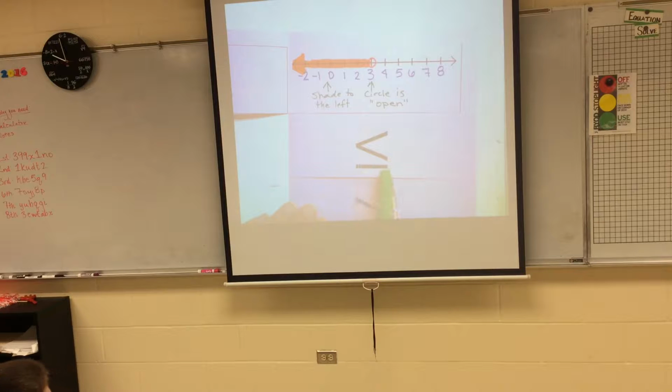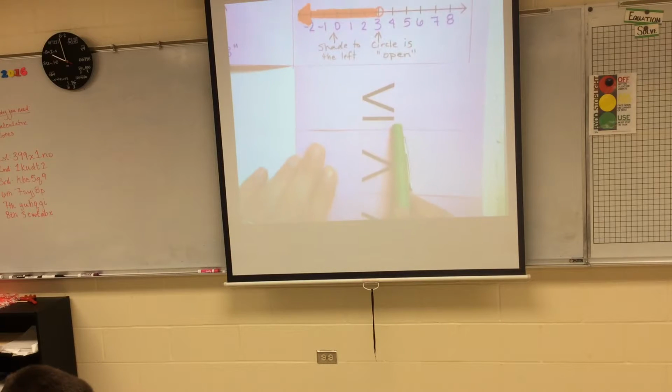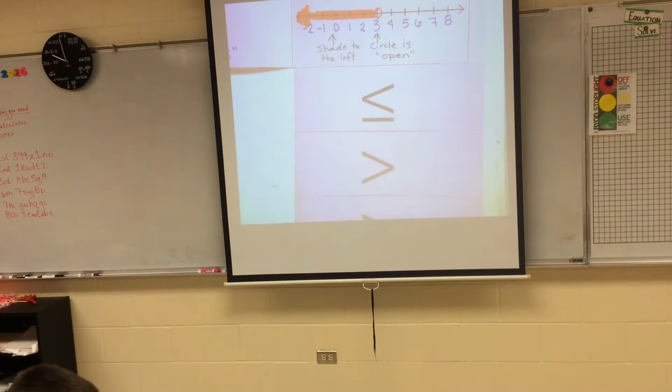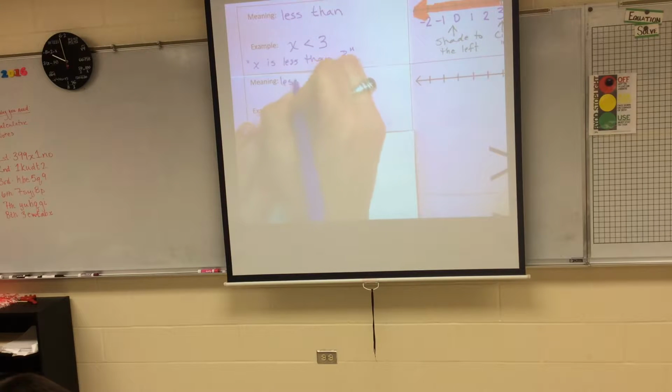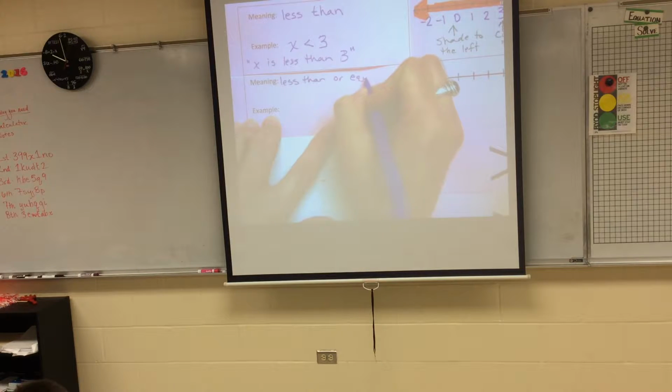All right. My next window. I have that less than, but then it also has a line underneath it. What does that line underneath it mean? Or equal to. Beautiful. So I'm going to say the meaning is less than or equal to.